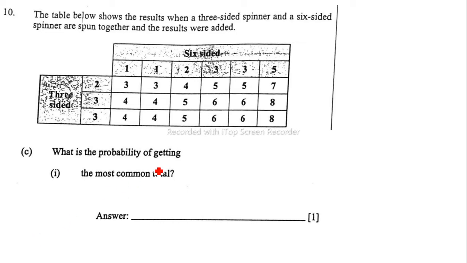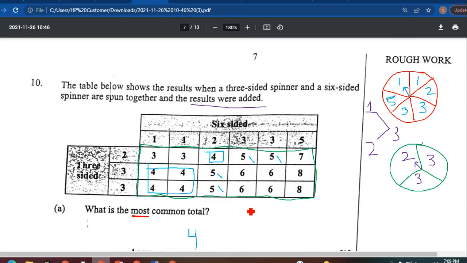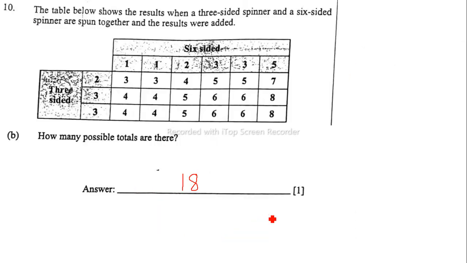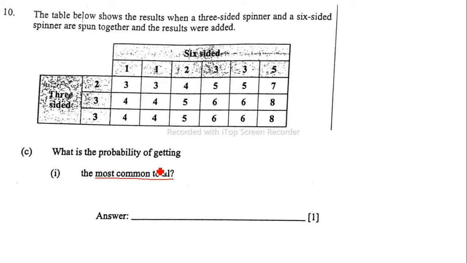All right, what is the probability of getting the most common total? This is straightforward, I'm not gonna lie. Honestly, they tell you first of all what the common total is. Then we figure out how many possibilities there are. So the question is, what is the probability of getting the most common total? 12 over 18. Very good, they got it.